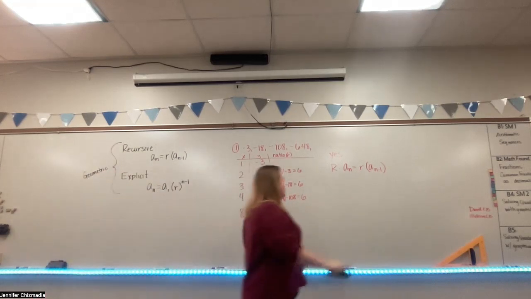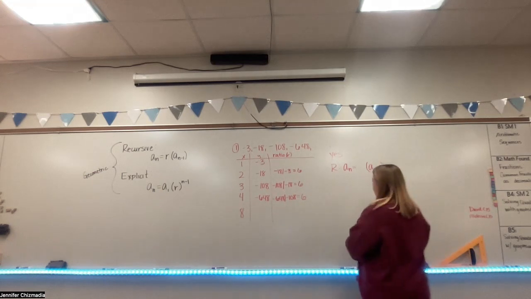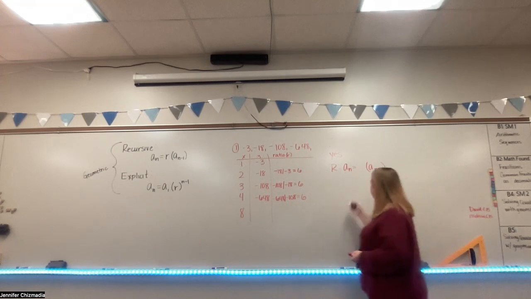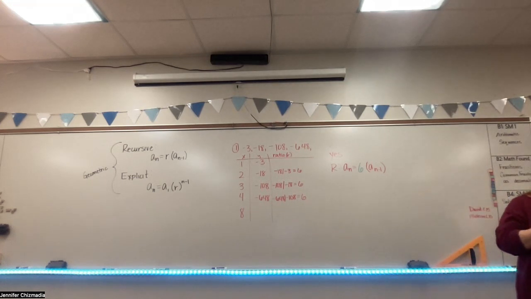N. No, I don't need to replace that because I want this to be generic, right? What is my R? The ratio, 6. That's all I have to do. That one's done. Are we going to overthink it a little bit less today? Yeah. Same idea.